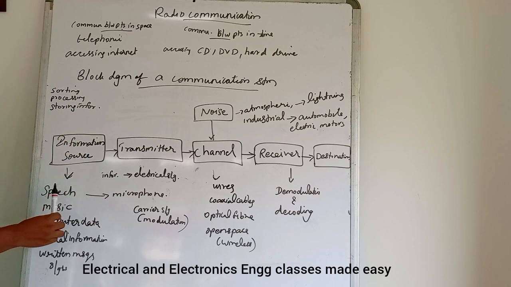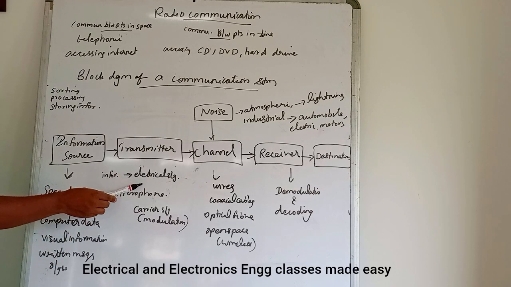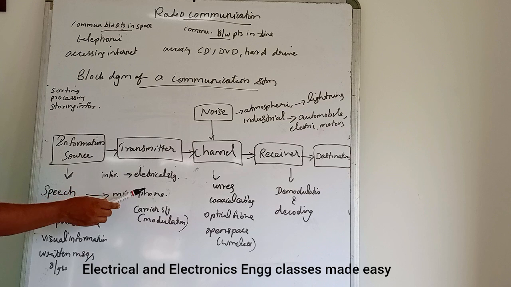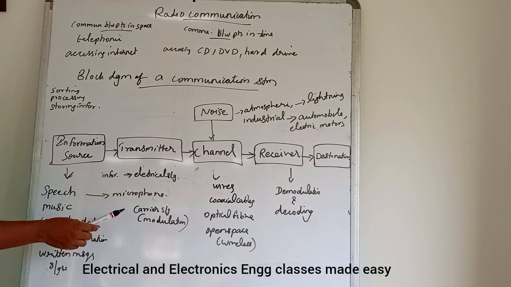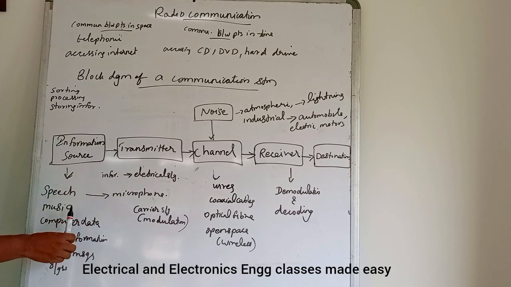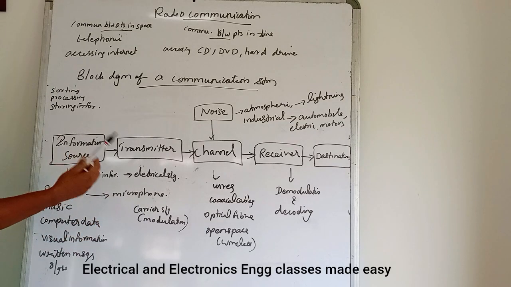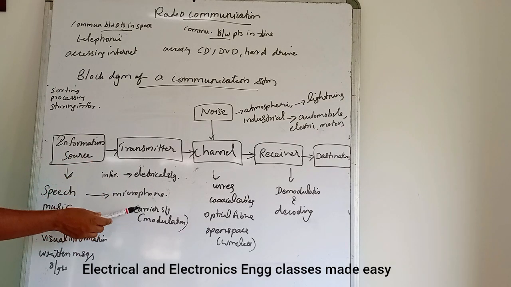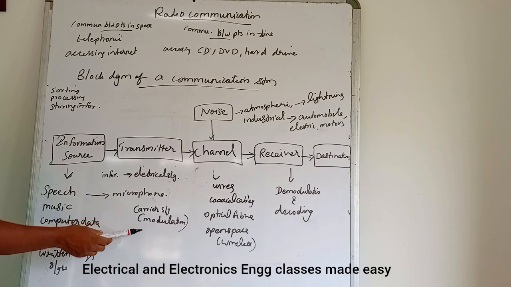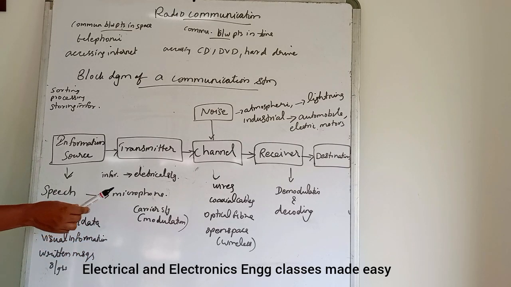In case of long distance radio communication, the electrical signal is amplified at several stages, and the audio signals are superimposed on high frequency signals known as carrier signals by means of modulation. And then the modulated signal is transmitted through a channel specially allocated to it.